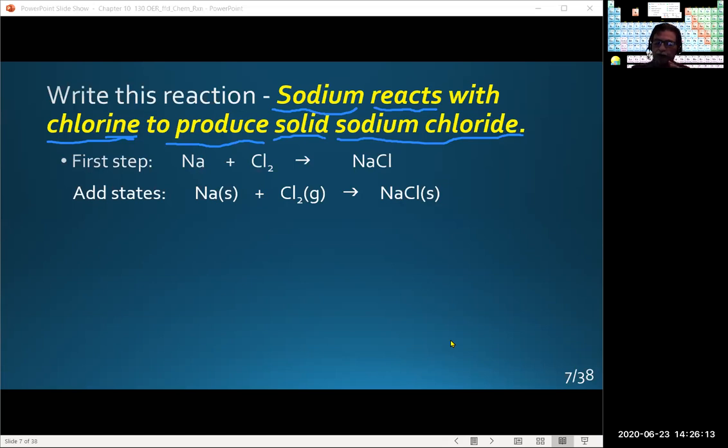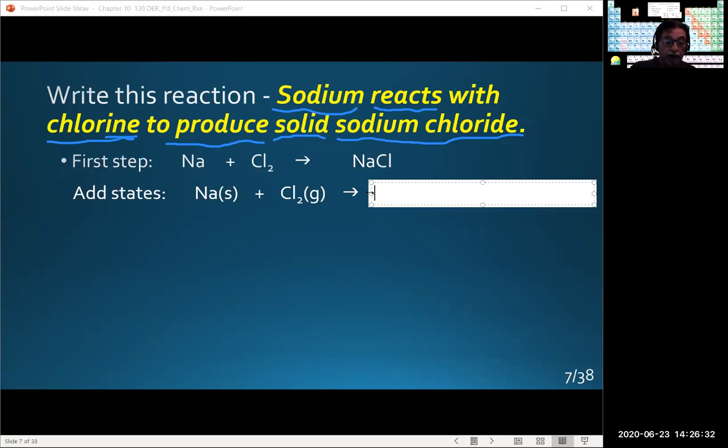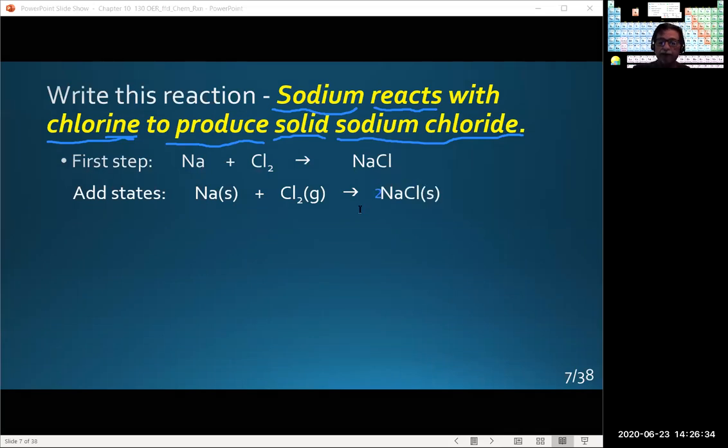Now you can see we have 2 chlorines as a reactant, but only 1 as a product. So we can easily put a 2 in front of sodium chloride. That balances the chlorines, but then the sodium is increased to 2 on the product side.